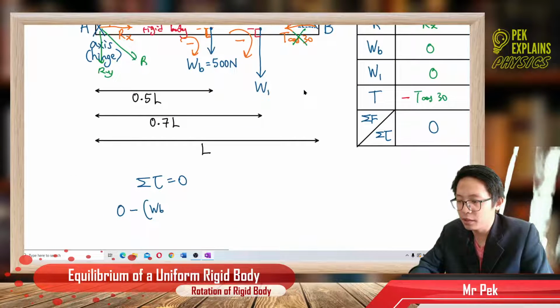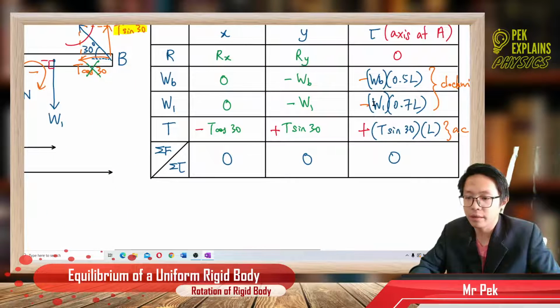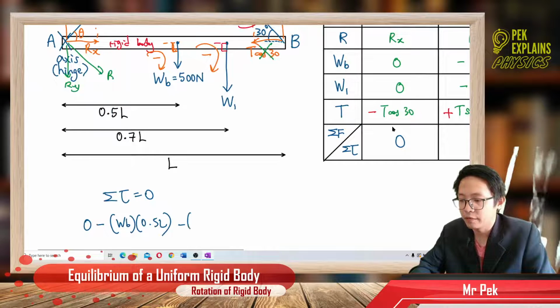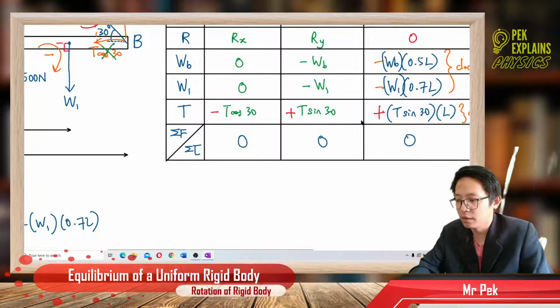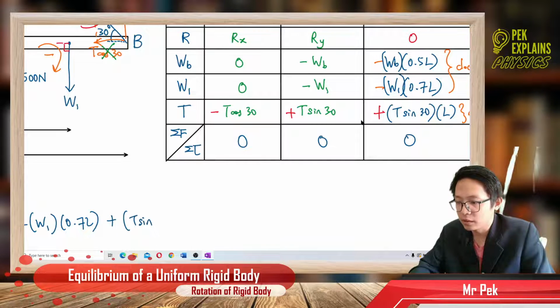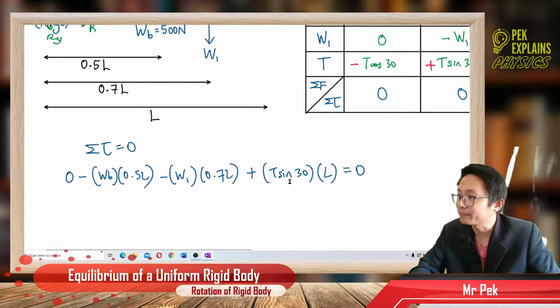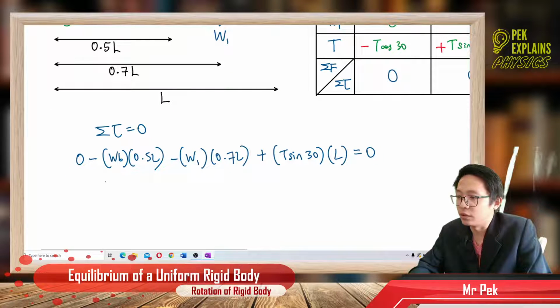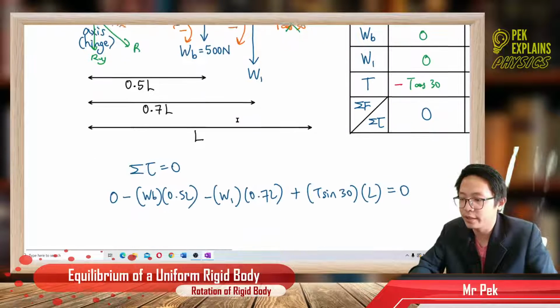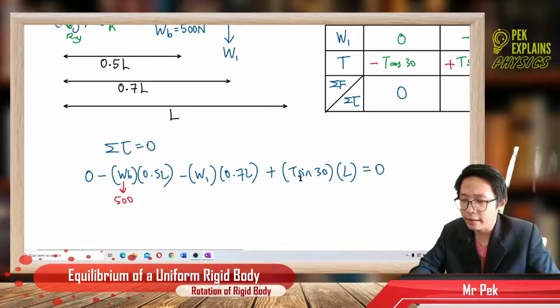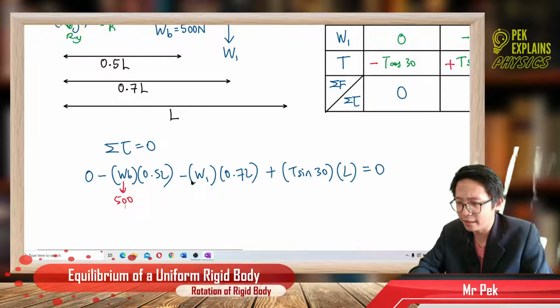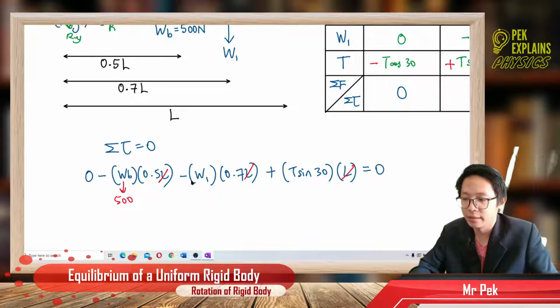We have negative WB times 0.5 L, negative W1 times 0.7 L, and positive T sine 30 times L, which gives 0. L can be cancelled out: divide both sides by L, so no need for the L. WB is 500, and W1 I need to find.